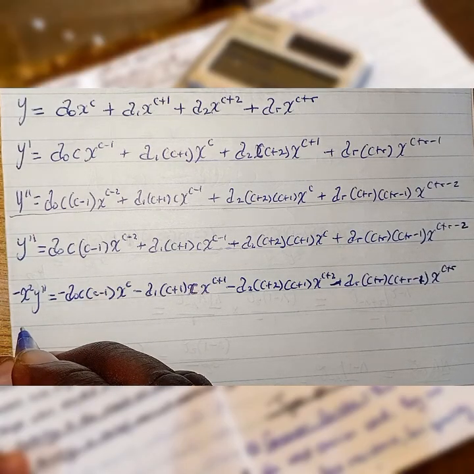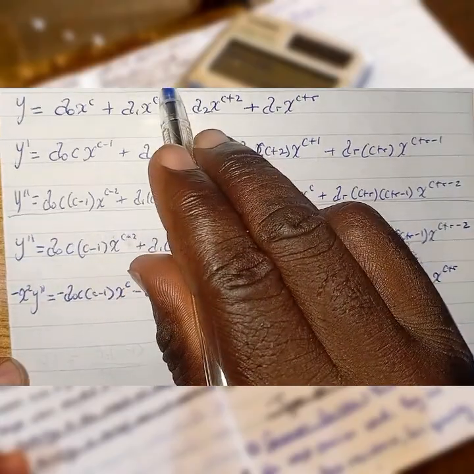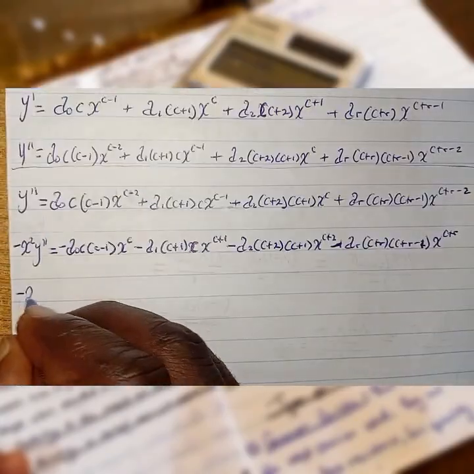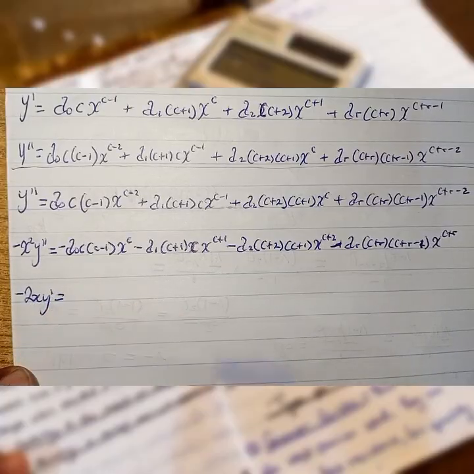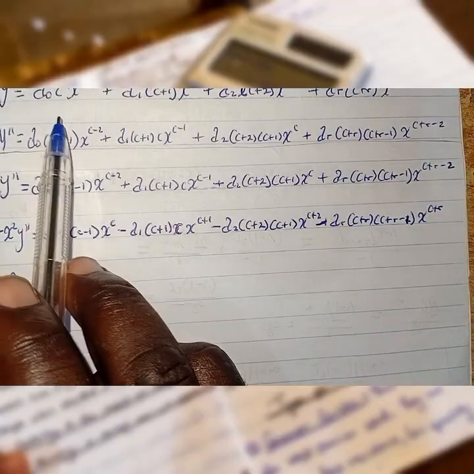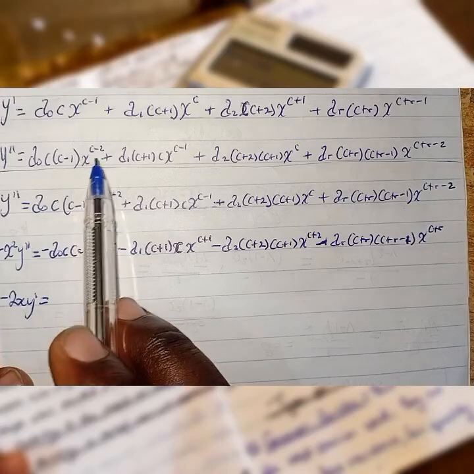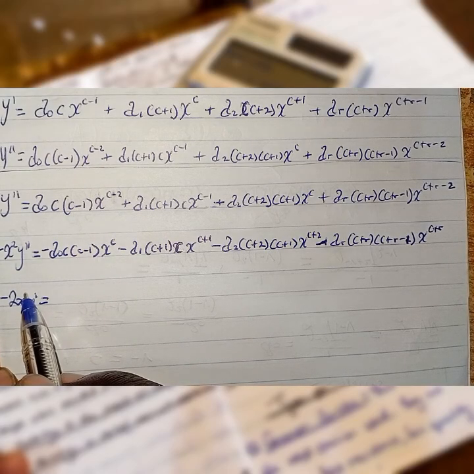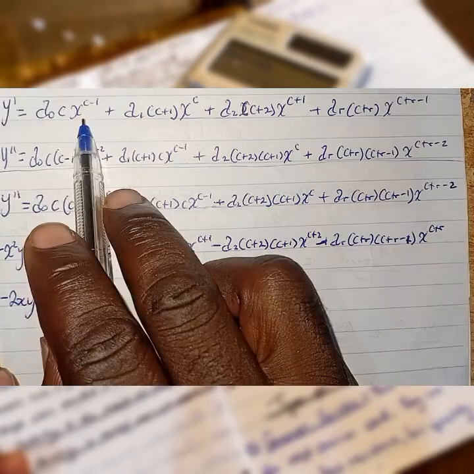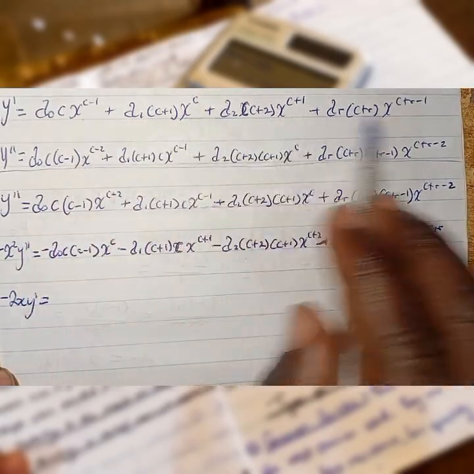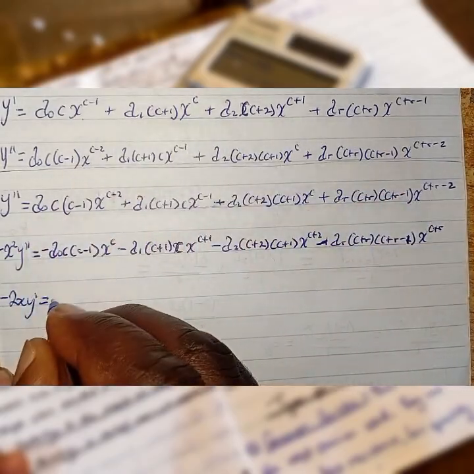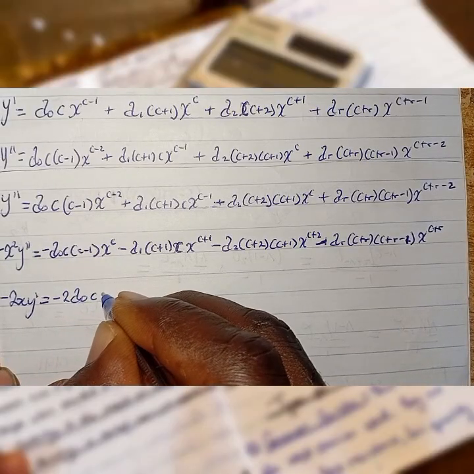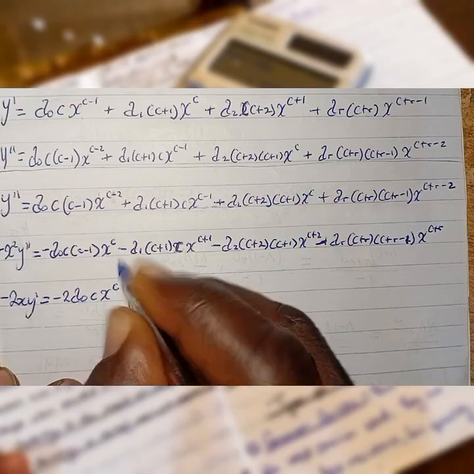For the next one we have minus 2xy prime. We are multiplying y prime by minus 2x. Now this x here is raised to power 1, so it will be affecting all the x's that we have. We're adding 1 to them. So we have minus 2 a0 c x raised to power c, when you add 1 to this.